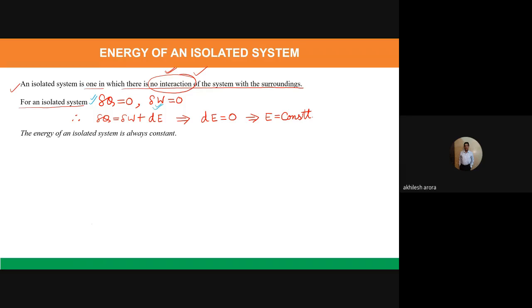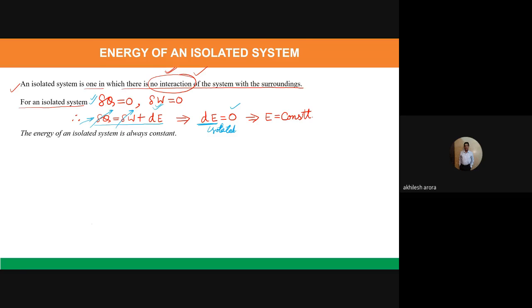And if I write the first law of thermodynamics for a process, I am considering that the isolated system is undergoing a process. So this is the equation for that. Delta Q goes because it's 0, delta W goes because it's 0. So I am left with dE, meaning change in energy of the system. Which system? Isolated system. Change in energy for the isolated system is 0.